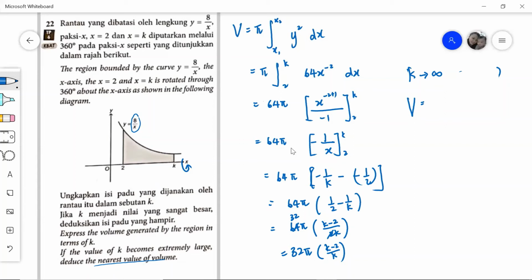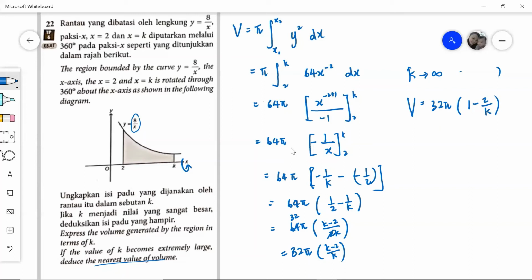For that, it's easier for us to make a conclusion when we split the fraction into two terms. From k minus 2 over k, we split it into k over k, which is 1, minus 2 over k.